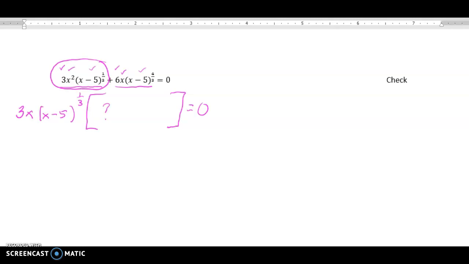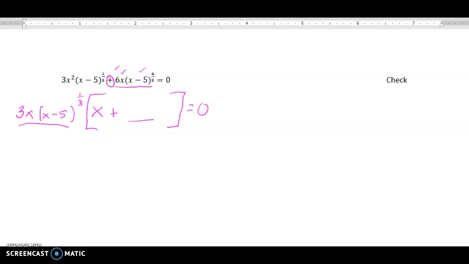I think I would just need the x. So I would just need x, because 3x times x gives me the 3x squared. And there's my x minus 5 to the 1/3 power. So that takes care of that part. Now I would say plus, that would be this plus sign right here.